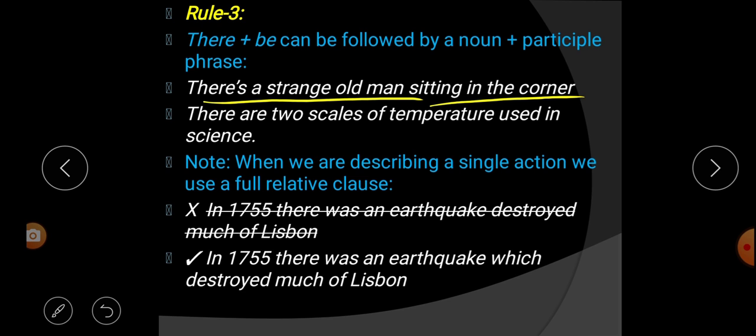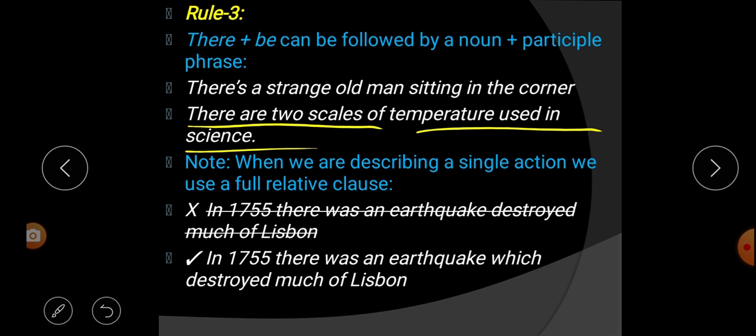There is a strange old man sitting in the corner. So this one: there plus be verb, thereafter the noun, strange old man, sitting in the corner. So this is a noun plus participle phrase. Next, there are two scales of temperature used in science.